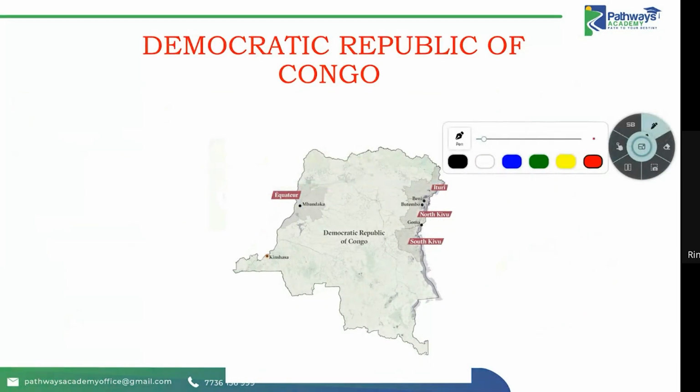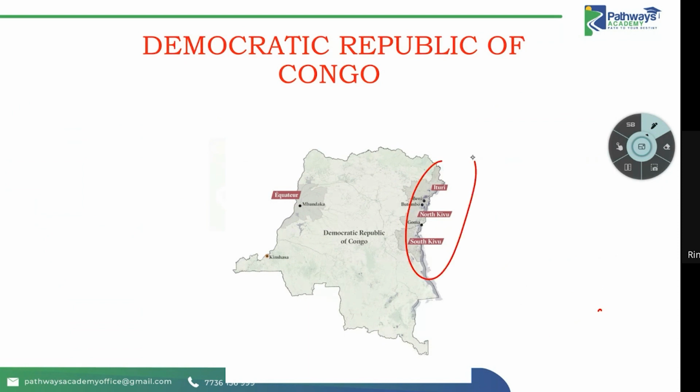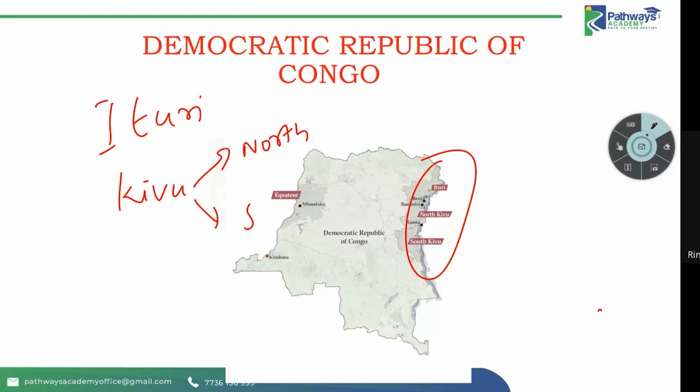And the disputed areas in the Democratic Republic of Congo. The disputed territories include Ituri and Kivu. Kivu is again divided into two, North Kivu and South Kivu.